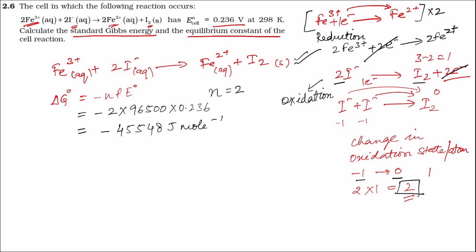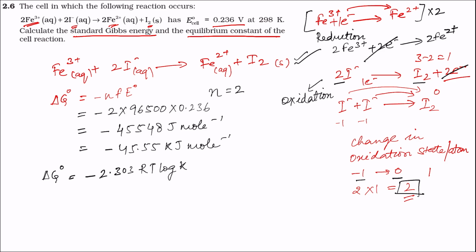Now this can be converted into kilojoules. Just divide it by 1000. So this becomes minus 45.55 kilojoule per mole.